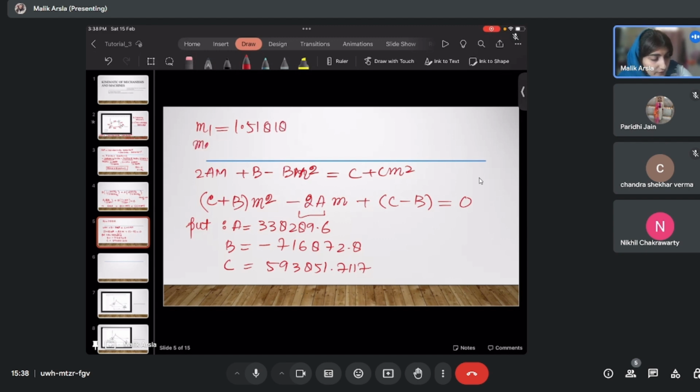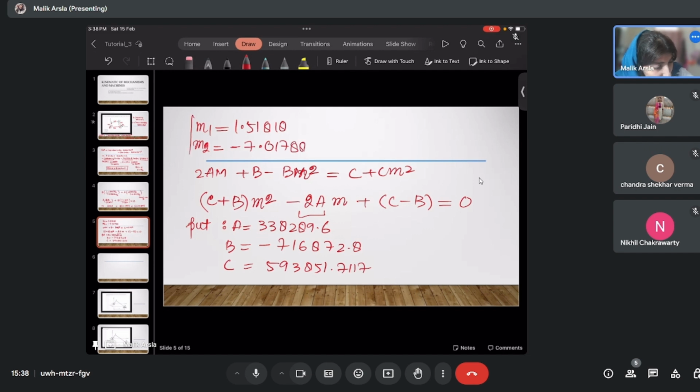What is m2, the other root? Okay, so when you do this one, it is coming out to be minus 7.01788.